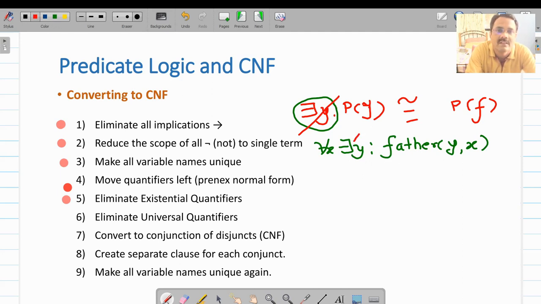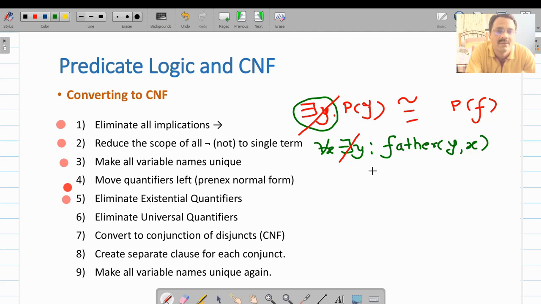To remove this, I told you either you substitute the value of y or you introduce a function assuming that that function will return the required value. I do not know exactly what is the value of this y, what is the father's name, because that is dependent on x.